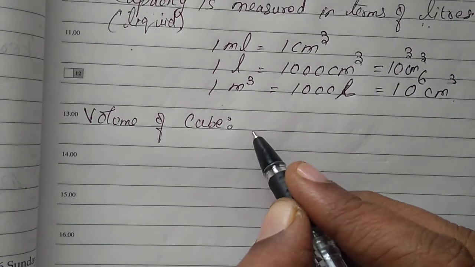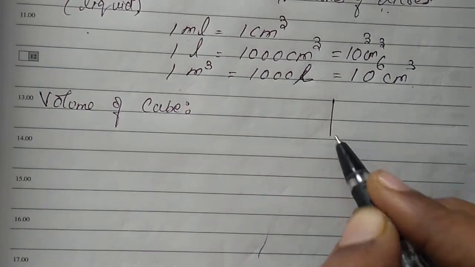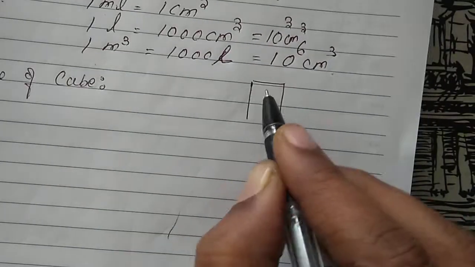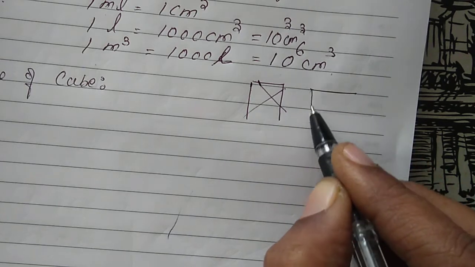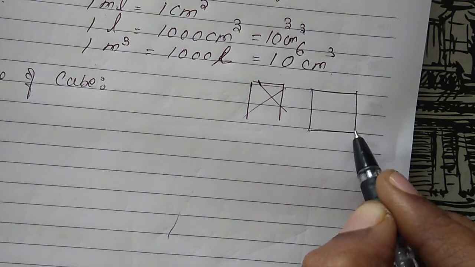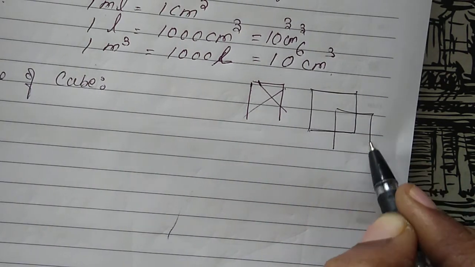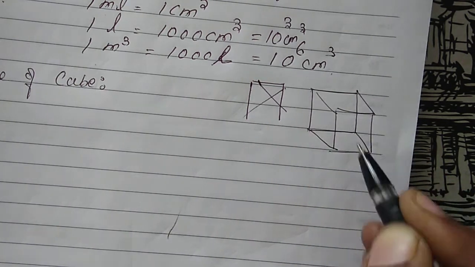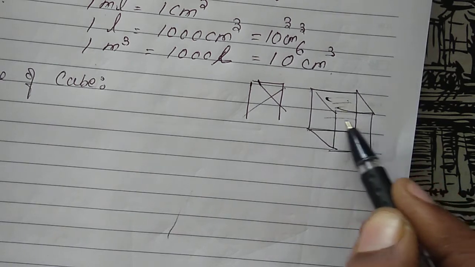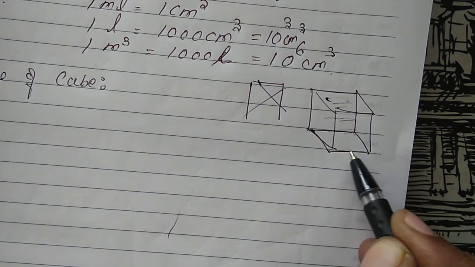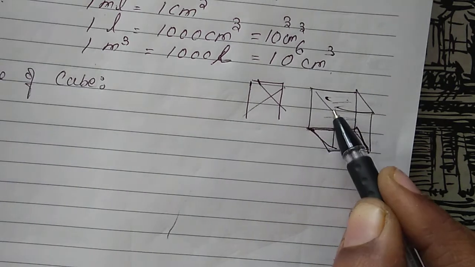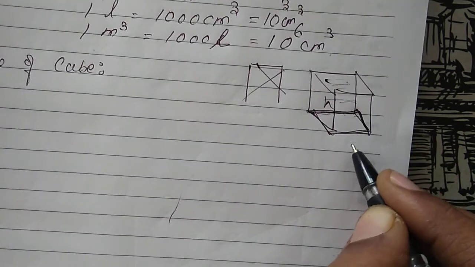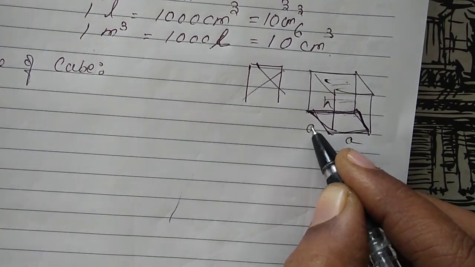So volume of cube is, see when you have a cube, cube means all sides are equal. When we fill something inside, it depends on the area of the base and the height. Cube has all sides of the same unit, is it not?